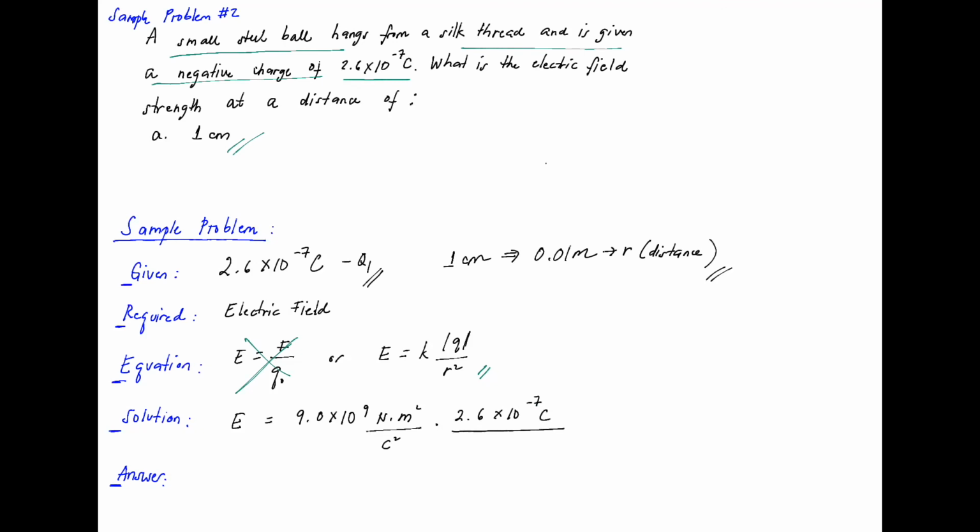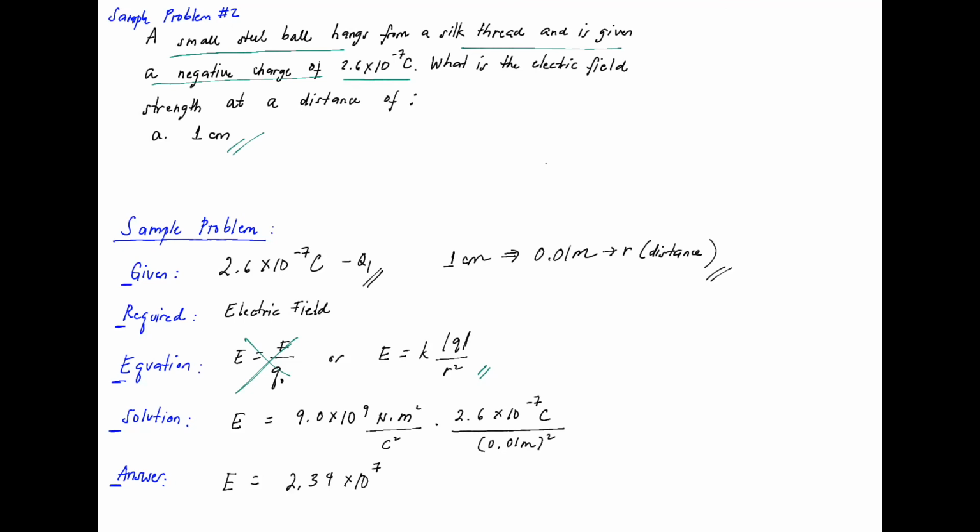And for the value of the radius or the distance, we have here 0.01 meter, and then we have to square it. Pressing now the calculator, the answer for the electric field is 2.34 times 10 raised to 7.